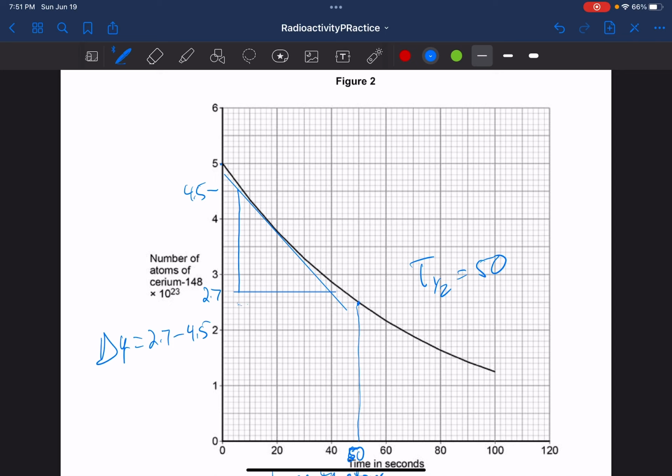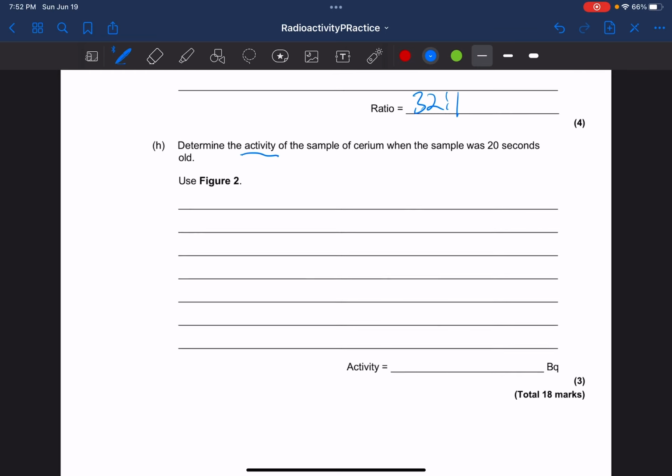So that is 6 seconds. And this, I'm going to go with 39 seconds. So my change in x is 39 minus 6.